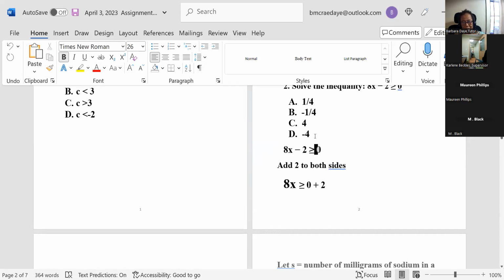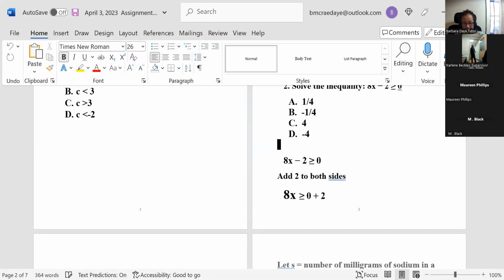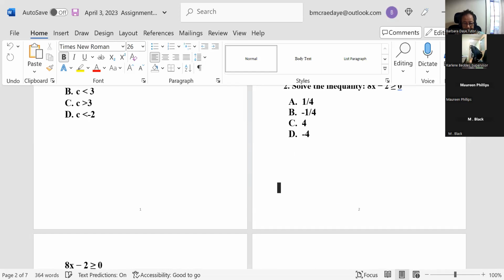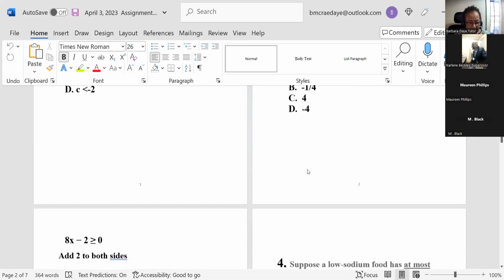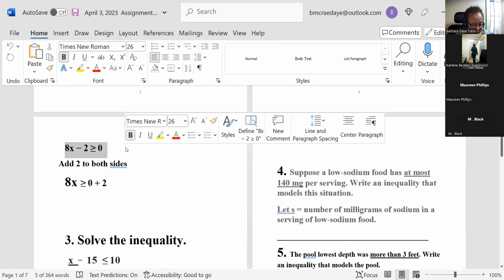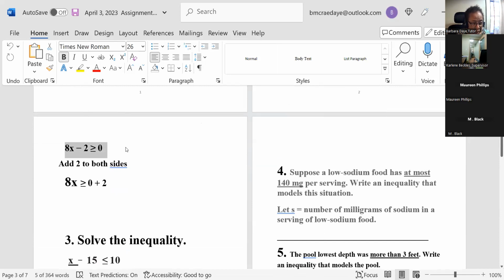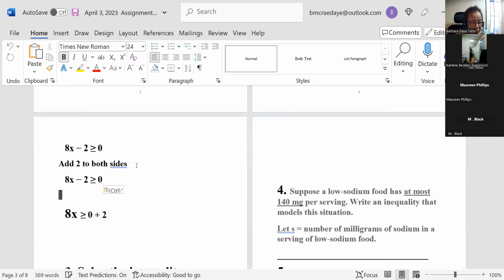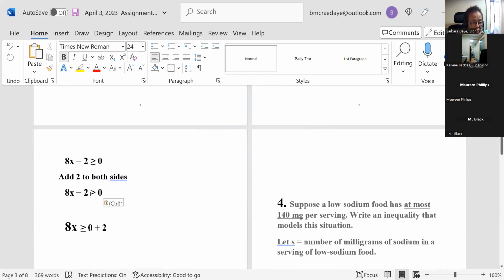So let me put that on the next, and I'll just actually put the step there. I didn't put it there. Okay, so I said add 2 to both sides. So let me just copy this and do what we just did. Add the 2 to both sides. So add the 2 on the left.